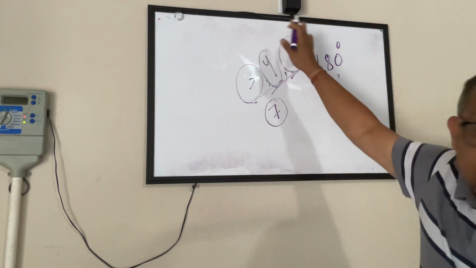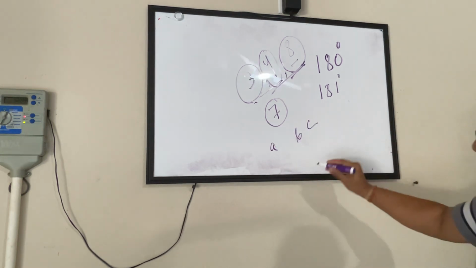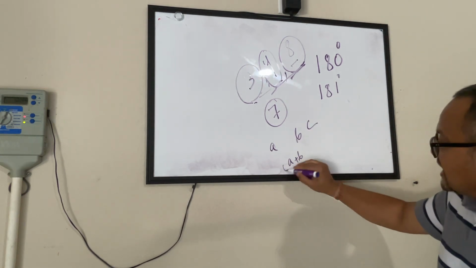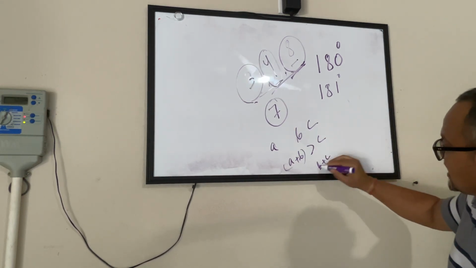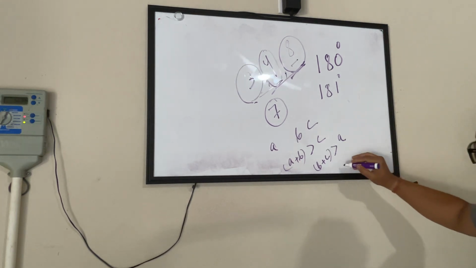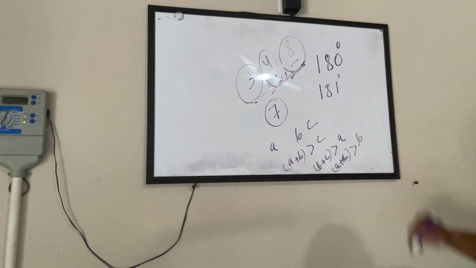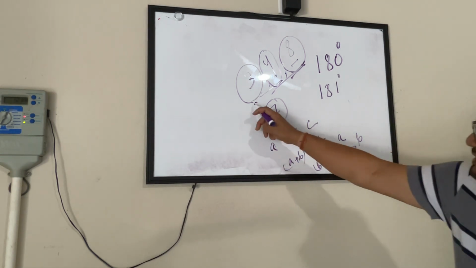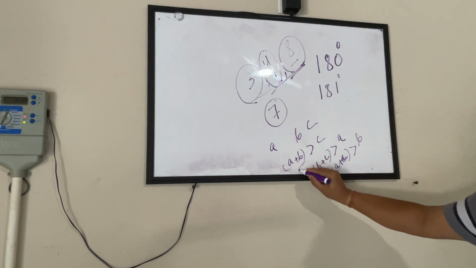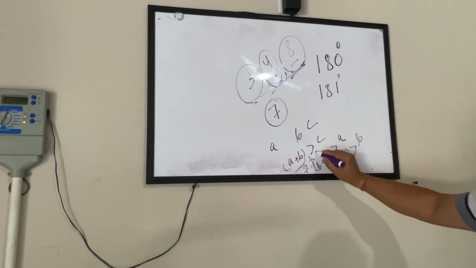But then you have to look at all the combinations. So there are 3 combinations, right? Let's say you have A, B and C, 3 sides. You will check if A plus B is greater than C. You will look at B plus C and see if it is greater than A. You will add A plus C and see if it is greater than B. If any of the 3 combinations is not true, you cannot draw it. Here, A plus B, 3 plus 4, was 7, which was not greater than 8.